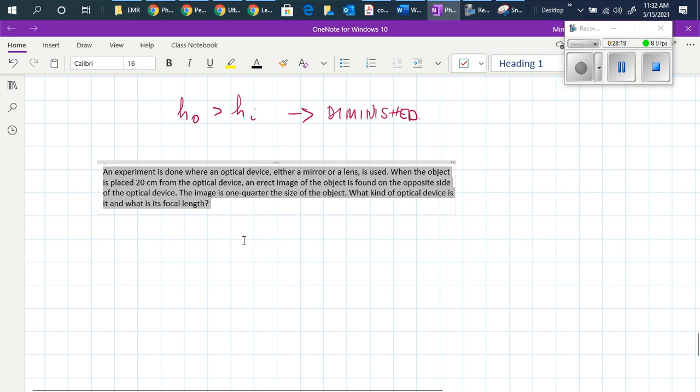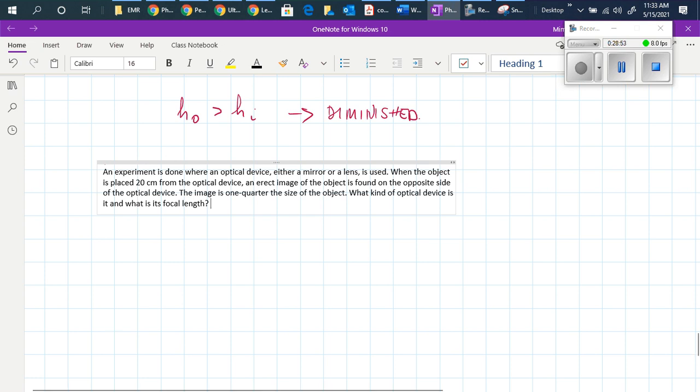When the object is placed 20 centimeters from the optical device, the erect image of the object is formed on the opposite side of the optical device. The image is 1/4 the size of the object. What kind of optical device is this, and what is the focal length of the device?